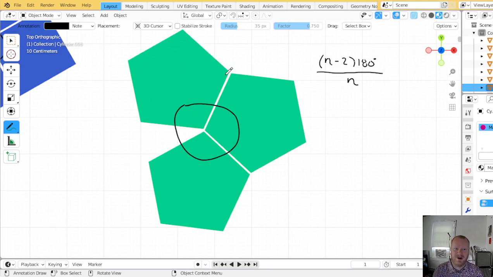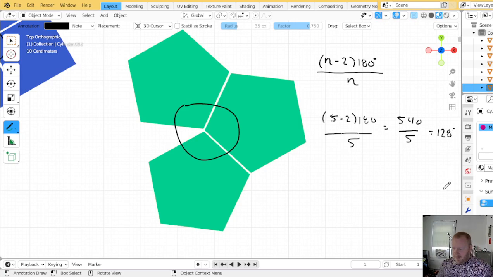So we've got 5 minus 2 times 180 divided by 5. That's going to be equal to 3 times 180, so 540 divided by 5, which is equal to 128, just about. So we've got 128, 128, 128, and then this leftover piece here. So we can't make 360 degrees with multiples of 128.